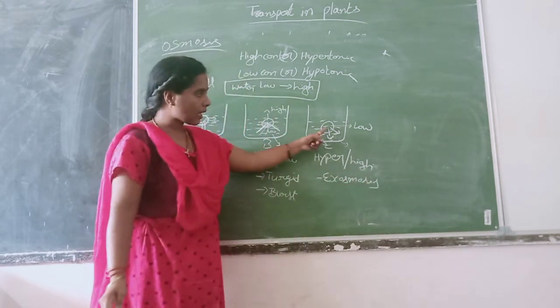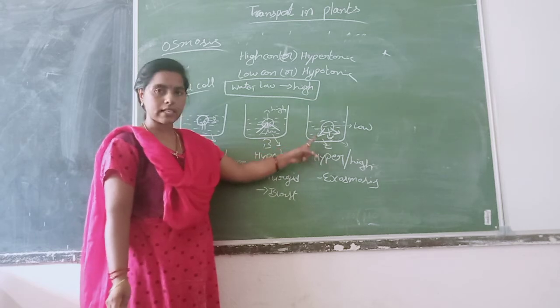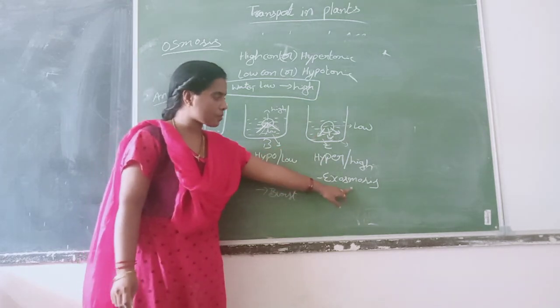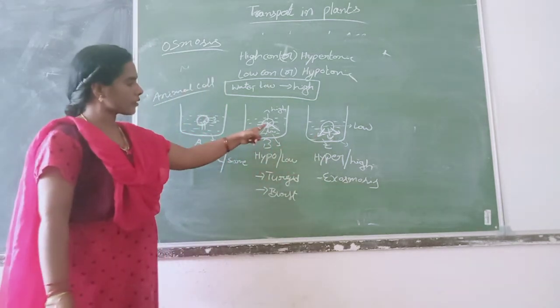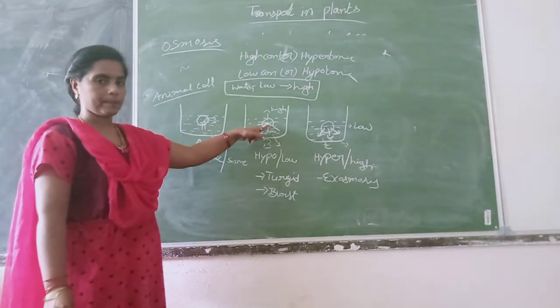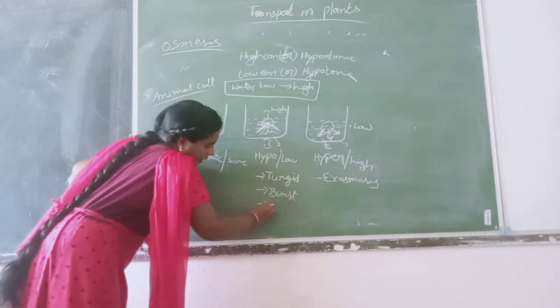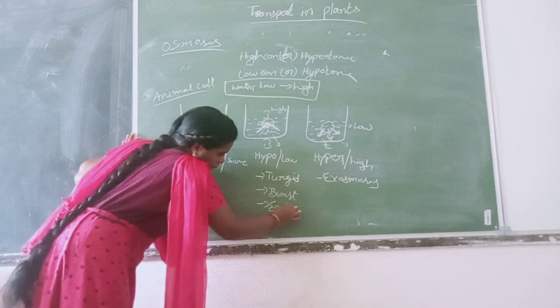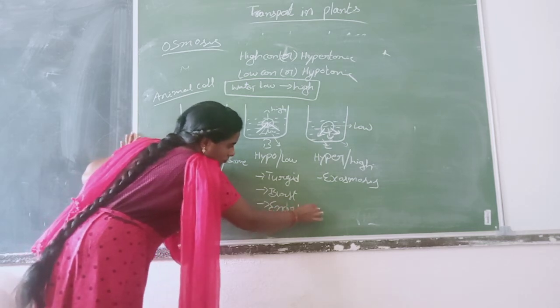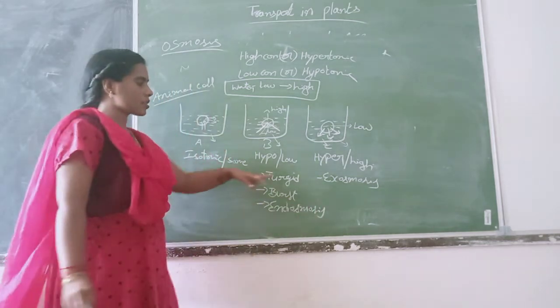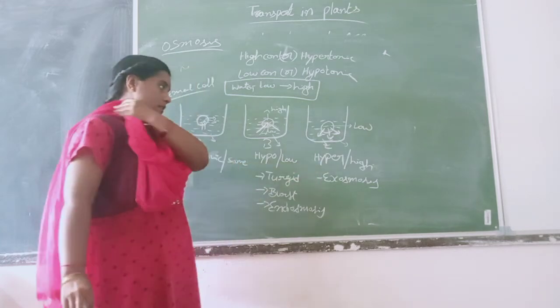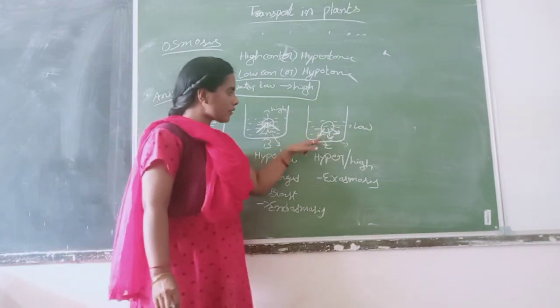Water molecules coming out from the animal cell is exosmosis. But when water molecules are entering into the cell, this is called endosmosis.